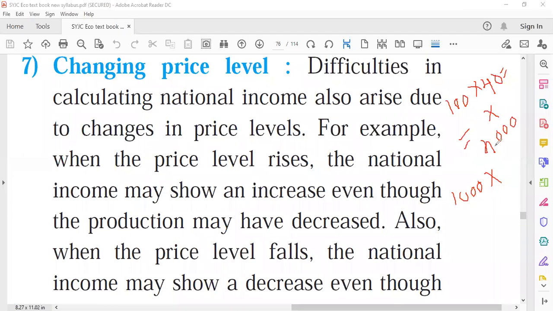Now if the price of rice increases from, say, 40 rupees, पहले कितना था 40 rupees, now it increases from 40 rupees to say 50 rupees. अभी भी उतना ही प्रोडक्शन है, कितना 100 kg, पहले भी 100 kg प्रोड्यूस कर रहे थे. Now also the farmer is producing 100 kg of rice. But now what happened? Because of the inflation, the price of rice increases, say 50 rupees. पहले प्राइस कितना था 40 rupees, अभी प्राइस कितना है 50 rupees.